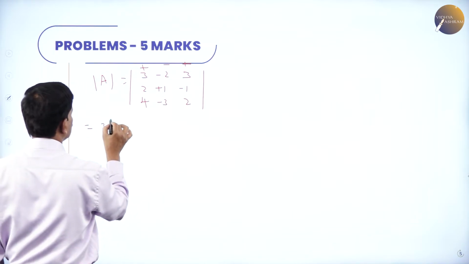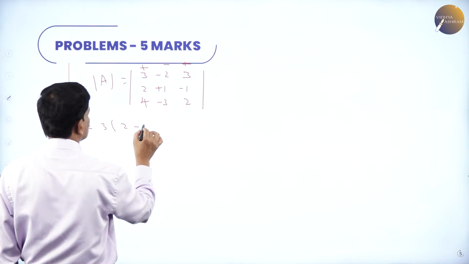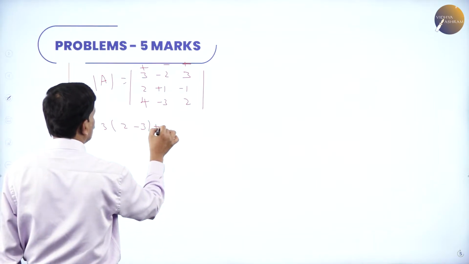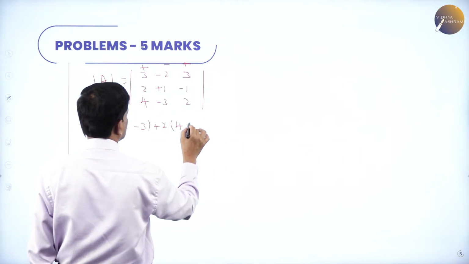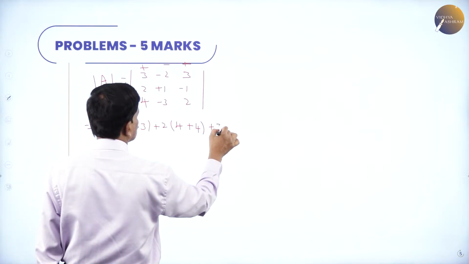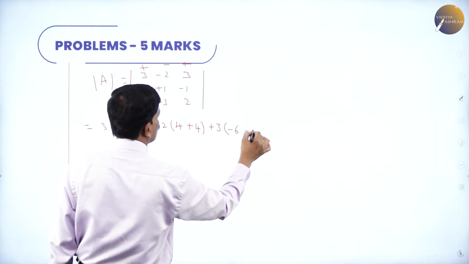This is equal to 3 into 1 2s are 2, minus into minus plus, plus into minus minus, 3 1s are 3. Minus into minus plus 2 into, this row and column is gone, 2 2s are 4, minus into minus plus 4, plus 3 into, this row and column is deleted, 2 3s are 6, minus 4.